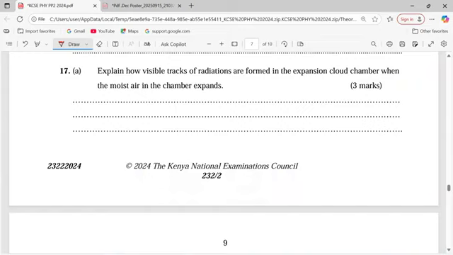Number 17. The question says, explain how visible tracks of radiations are formed in the expansion cloud chamber when the moist air in the chamber expands. So we're supposed to talk about the moist air expanding.